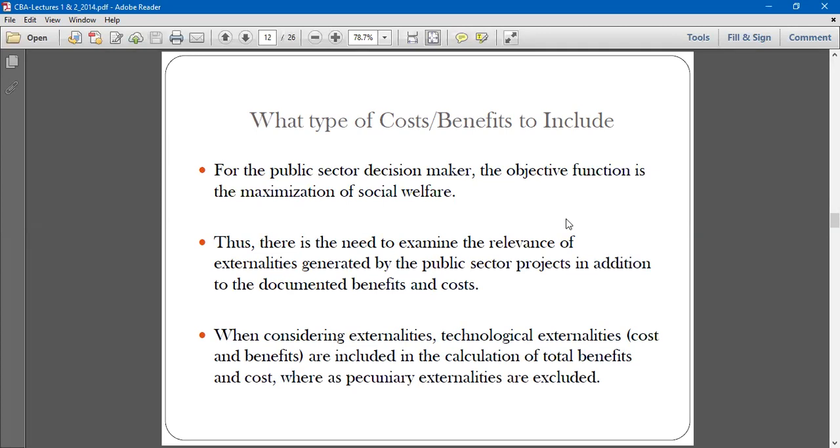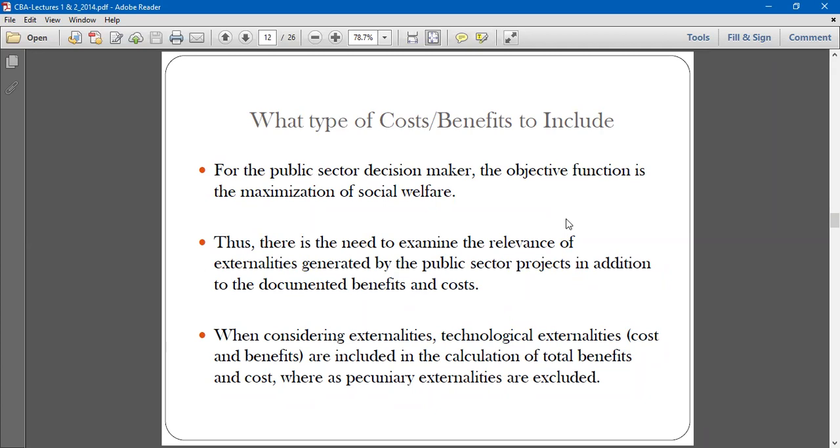Now, there is this construction firm that is also constructing roofs around your house. Because of the dust, you wouldn't be able to produce your tie and dye styles, because after the production, if you dry them outside, by the time you realize you can't even take them again. So that is a technological externality, a negative one.